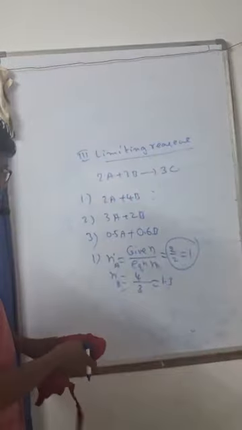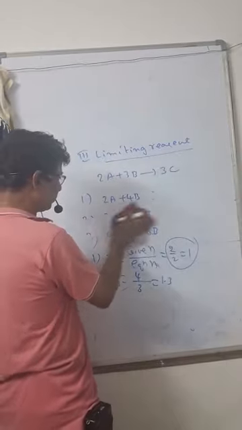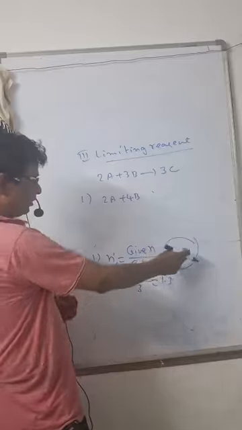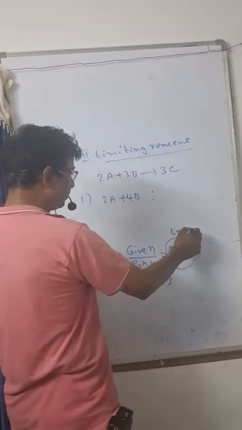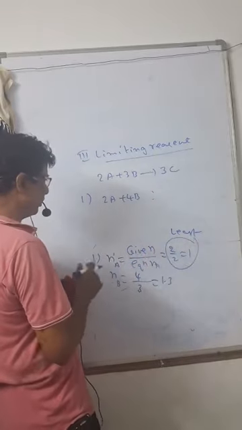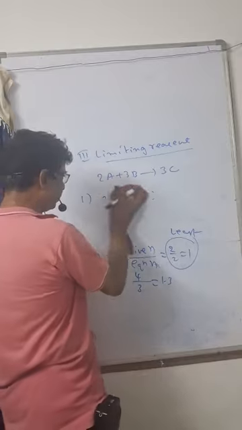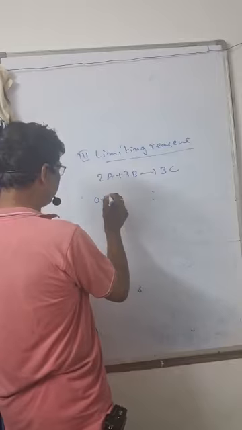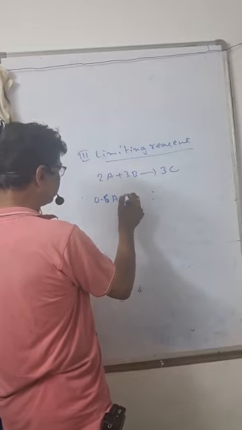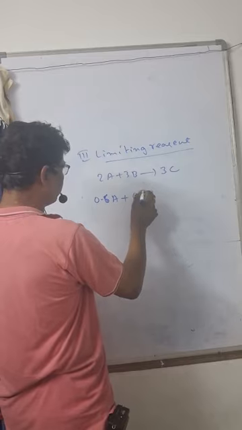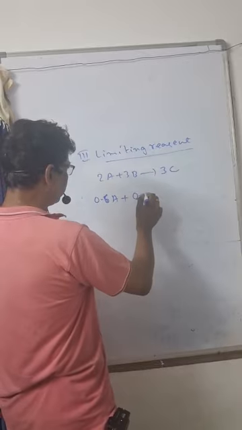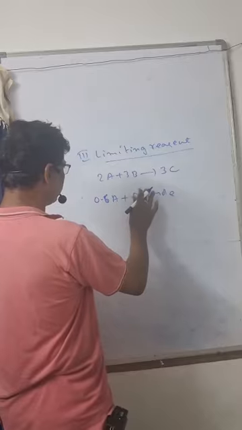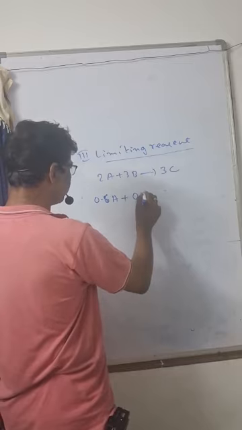Given by equation, which is the least, it is the limiting reagent. This is the simple way to find limiting reagent. Next I take 0.6 moles of A plus 0.9 moles of B, gives 0.12 moles.